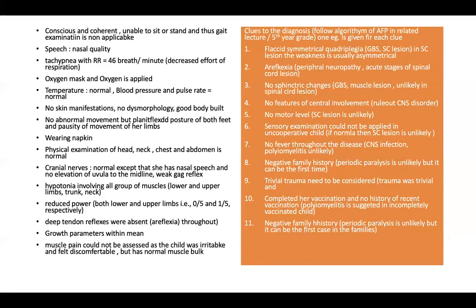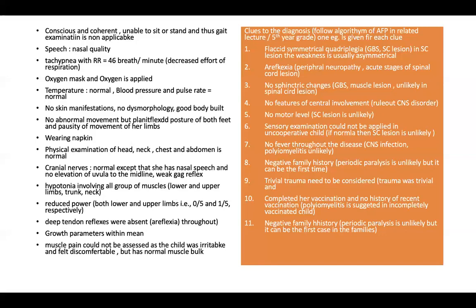She has areflexia, which may be indicative of peripheral neuropathy, as in Guillain-Barré syndrome, or acute stage of a spinal cord lesion. She had no sphincteric changes. Again, this occurs in Guillain-Barré syndrome or muscle lesion. No sphincteric changes is unlikely in a spinal cord lesion, but may occur.